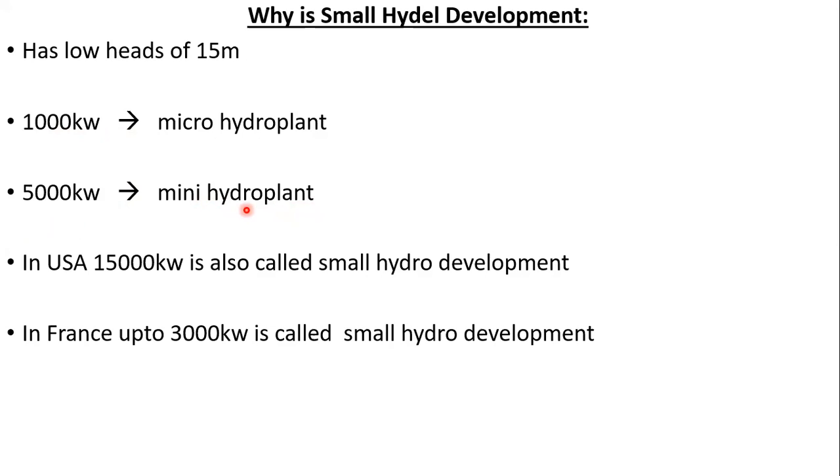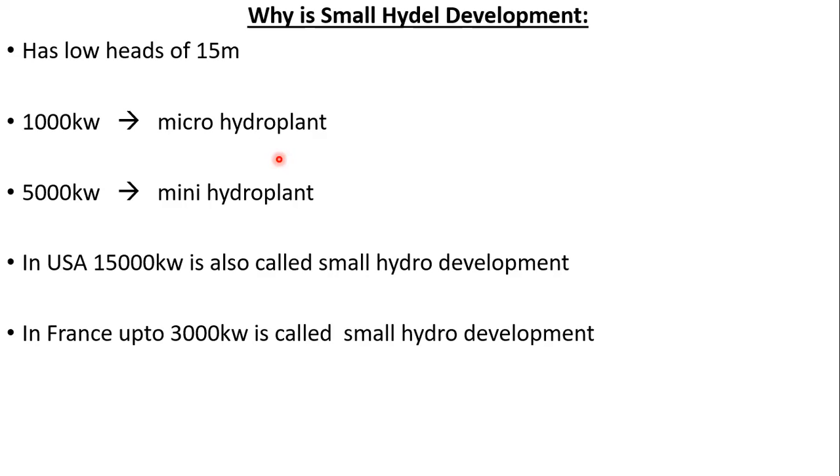The concept of small hydro is naturally relative and varies from country to country. It depends upon the country and the size of the existing development. In the USA, even 15,000 kilowatts is considered small hydro development. But in other countries like France, up to 3,000 kilowatts is considered a small hydro development.